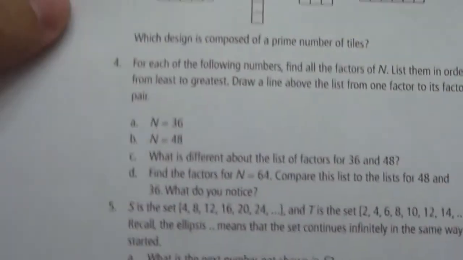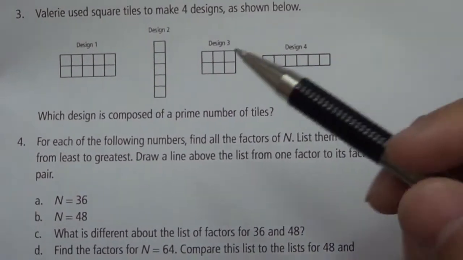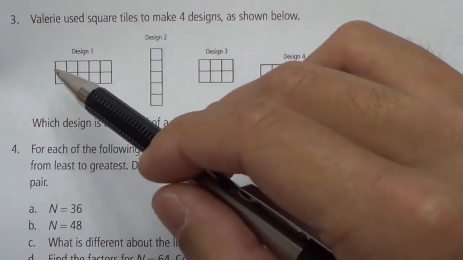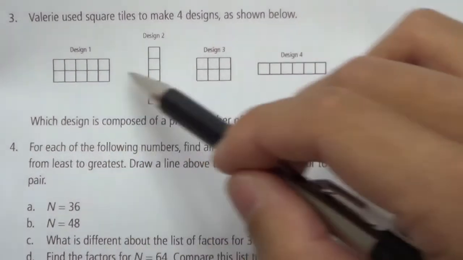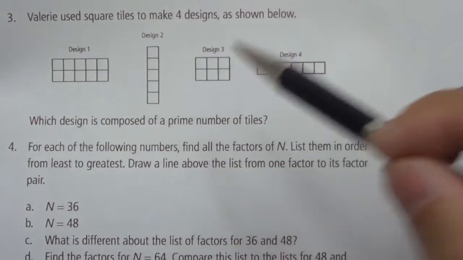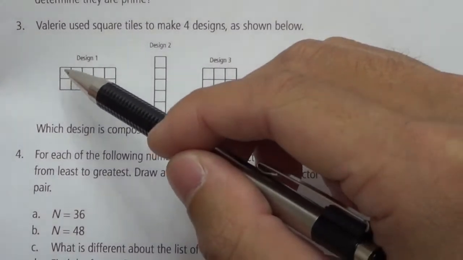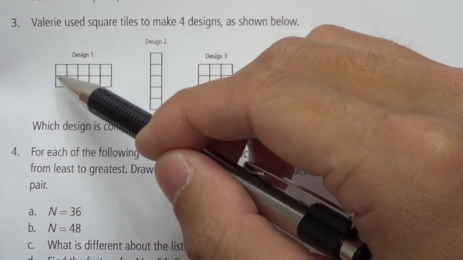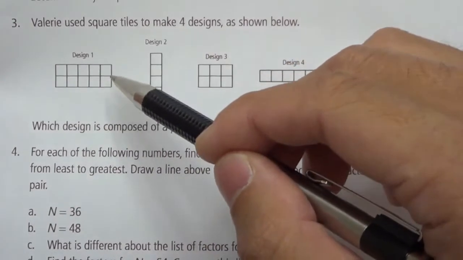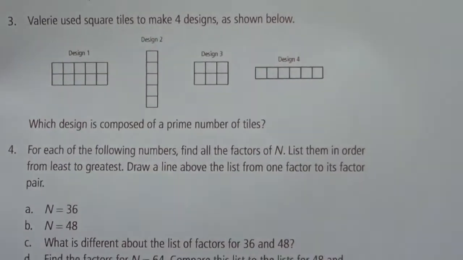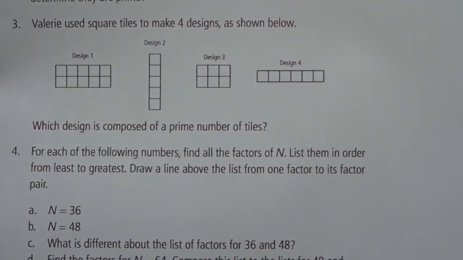Now, the key to number 3 is recognizing that any of the arrangements that have the blocks in a row automatically are not prime numbers, because the definition of the area is 1, 2 times 1, 2, 3, 4, 5. So if the total of these blocks is 2 times 5, automatically I already know 2 and 5 are factors.